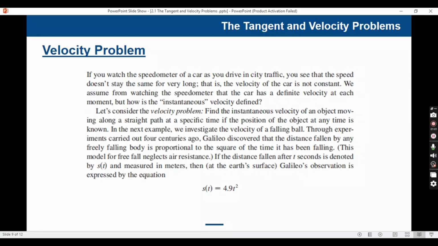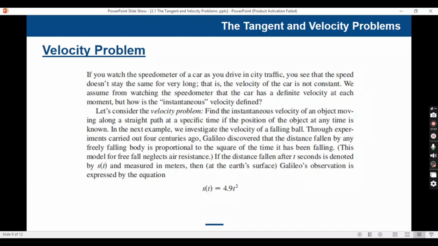This model for free fall neglects air resistance. If the distance fallen after t seconds is denoted by s(t) and measured in meters, then at the Earth's surface, Galileo's observation is expressed by the equation s(t) = 4.9t².